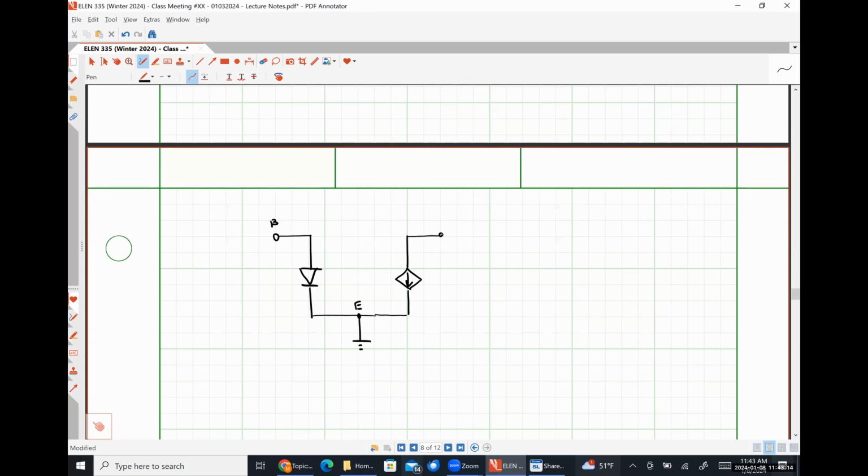Collector terminal, way out here on the right-hand side, just so that I have room to write what I want to write, is our constant collector emitter voltage. And then over here on the left-hand side is going to be our input voltage source, where we will have our large signal VBE as well as our perturbation.